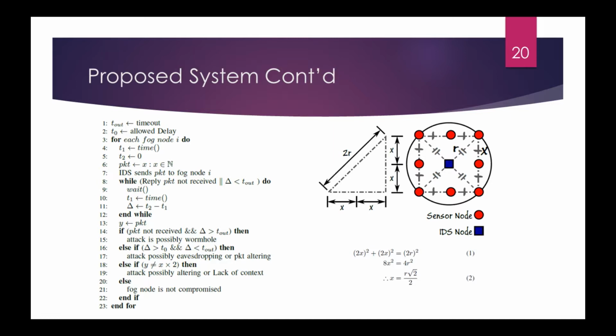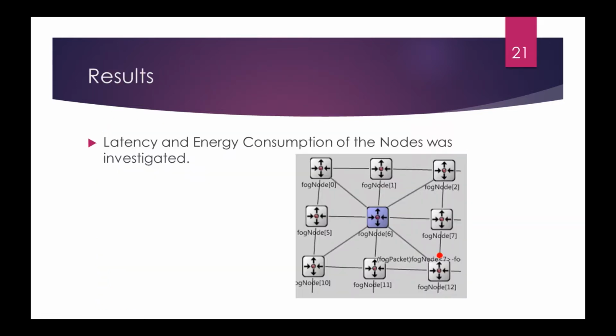Finally, if none of this were true, then the node is not compromised. So for latency, we use this technique to test for latency and energy consumption of the nodes using OMNET++.